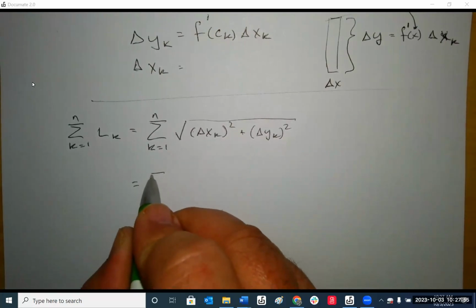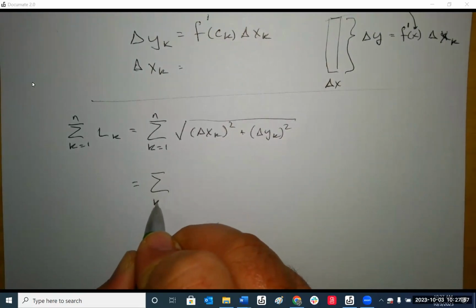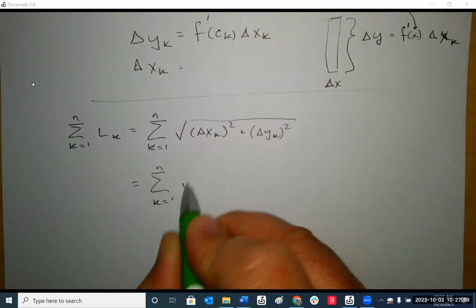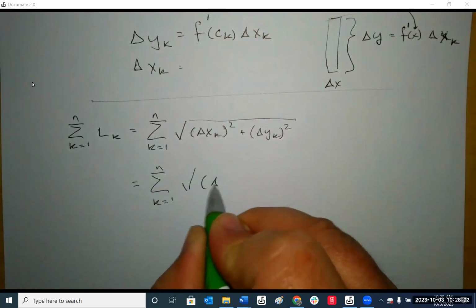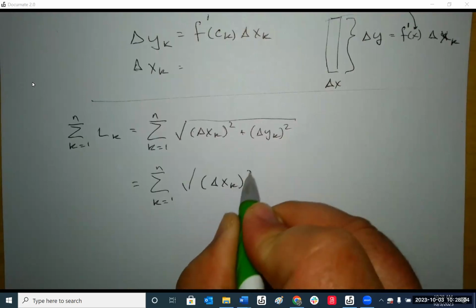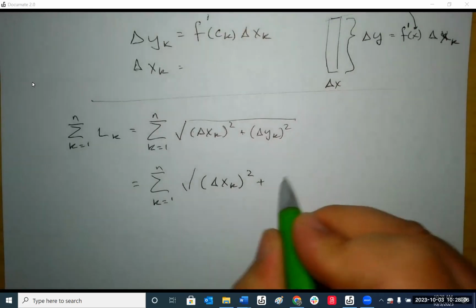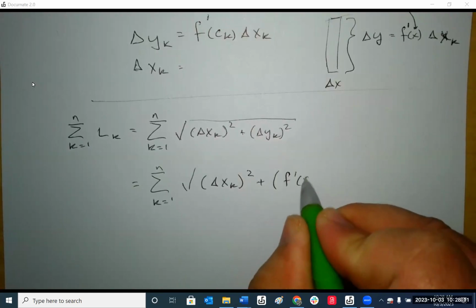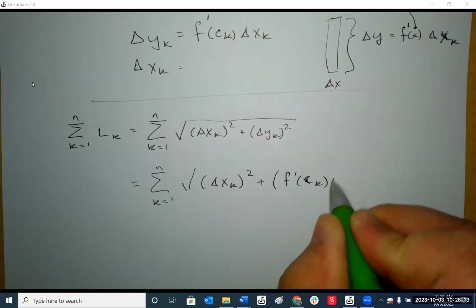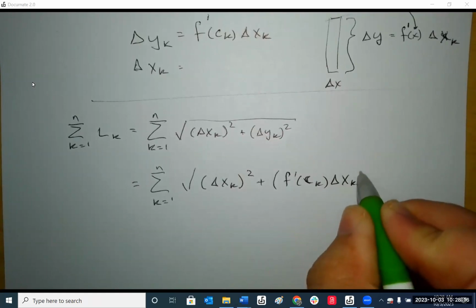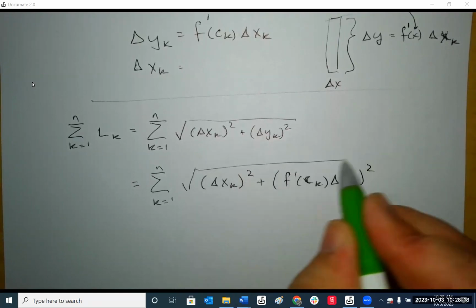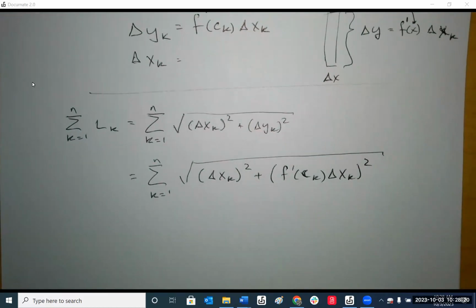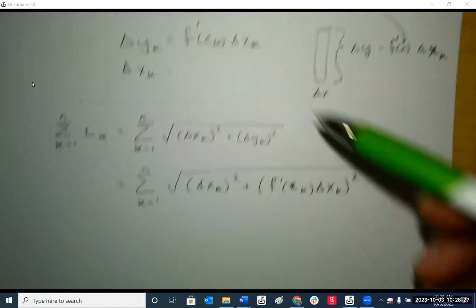Then we went ahead and defined delta y as f prime of c sub k times delta x sub k, squared. Now that's what we just defined up here. Delta y is that.